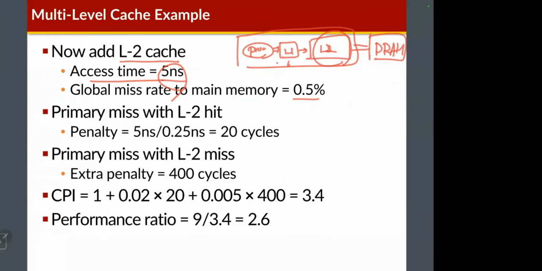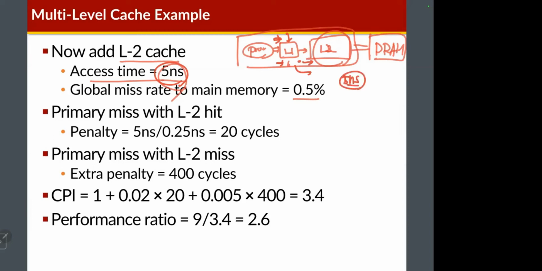When the access to L1 is missed in the L1 cache, then we need to access the L2 cache. The access latency to the L2 cache is 5 nanoseconds, so if the access is missed in L1, this request needs to access L2, which requires 5 nanoseconds.